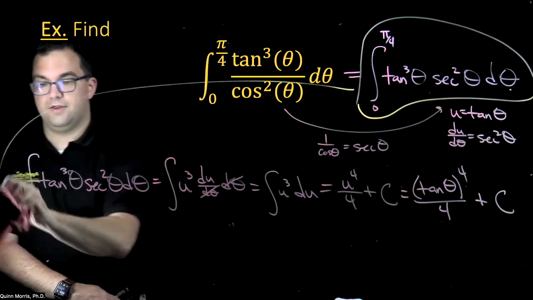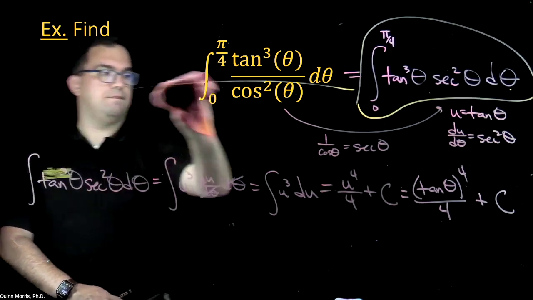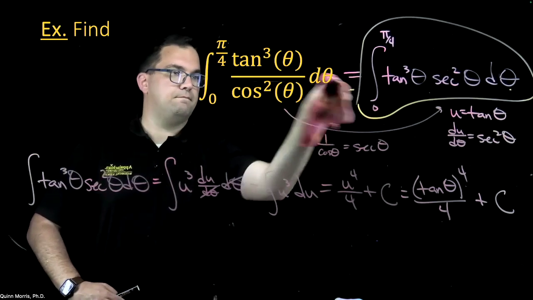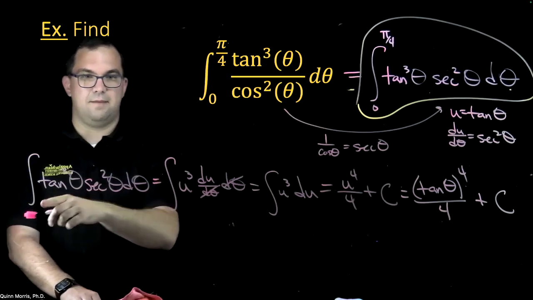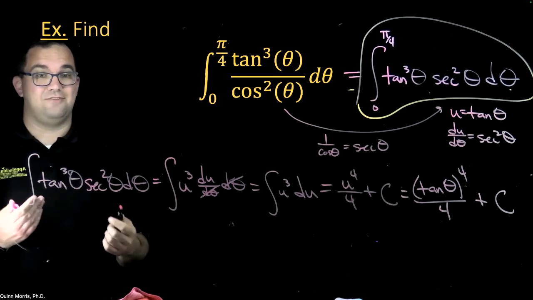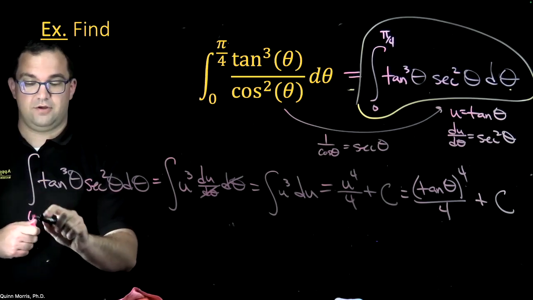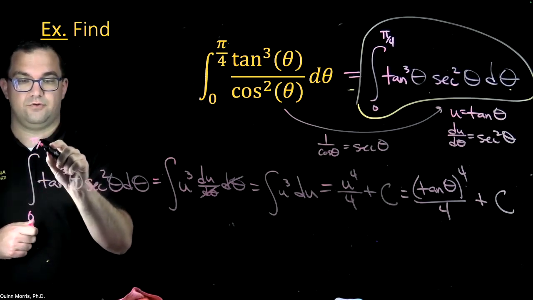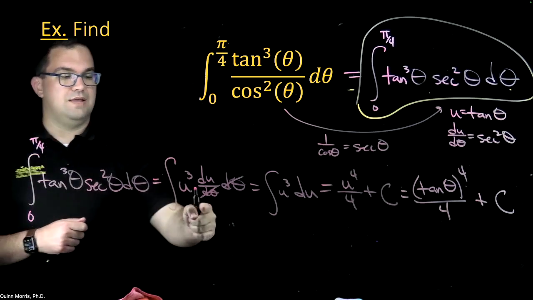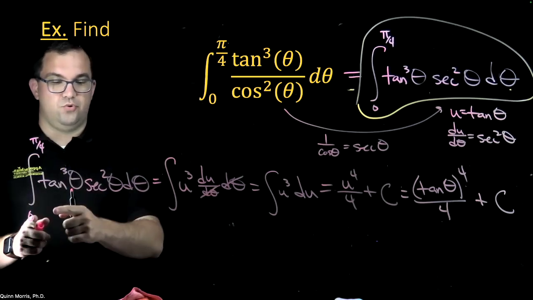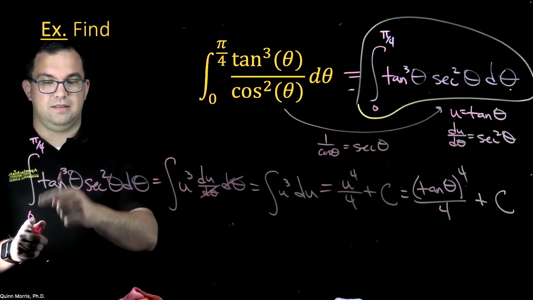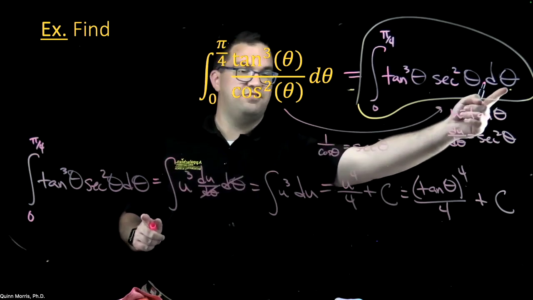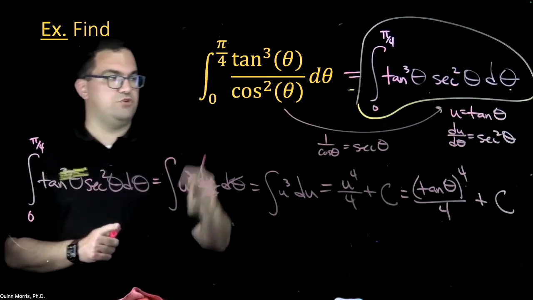So going back here, at this step, instead of converting it to an indefinite integral to just find the antiderivative, I could have left this as a definite integral. But then when I made my substitution to u, I have to change my limits of integration from being in terms of theta to being in terms of u.